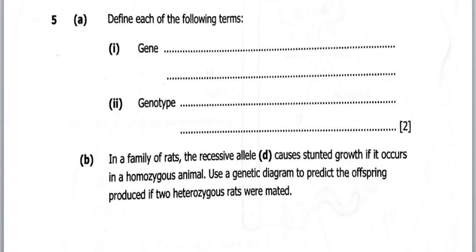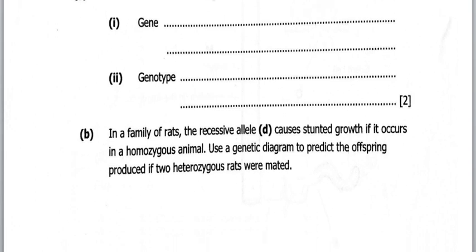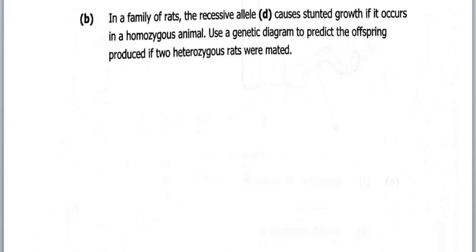Okay, in a family of rats, the recessive allele D causes stunted growth. If it occurs in a homozygous animal, use a genetic diagram to predict the offspring produced if two heterozygous rats were mated. So now, this is a question on genetics. How do you draw cross diagrams, genetic diagrams?